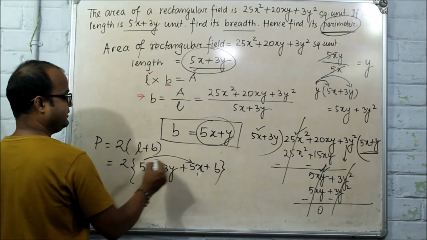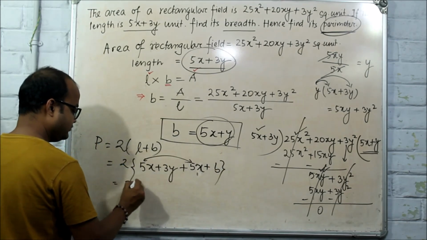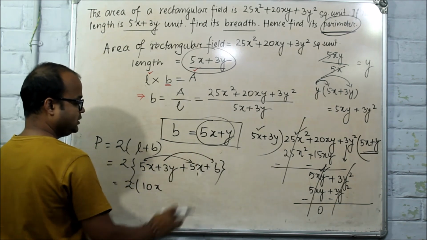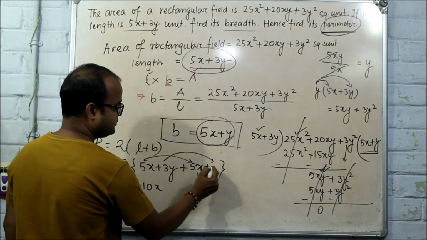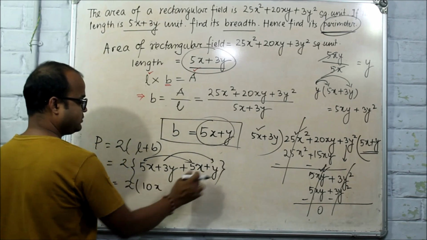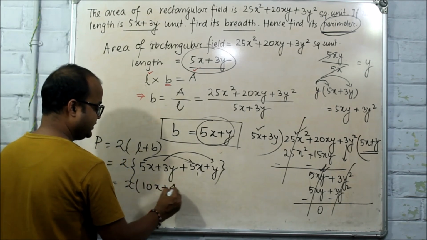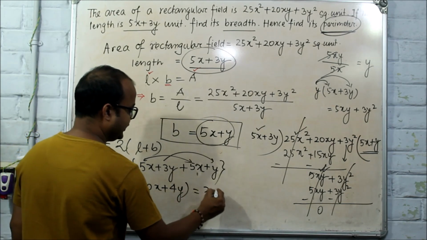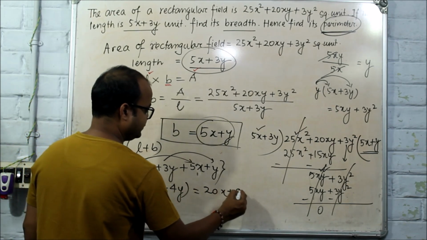So 5x and 5x are like terms, added they become 10x. 3y plus y is equal to 4y. So it will be equal to 20x plus 8y.